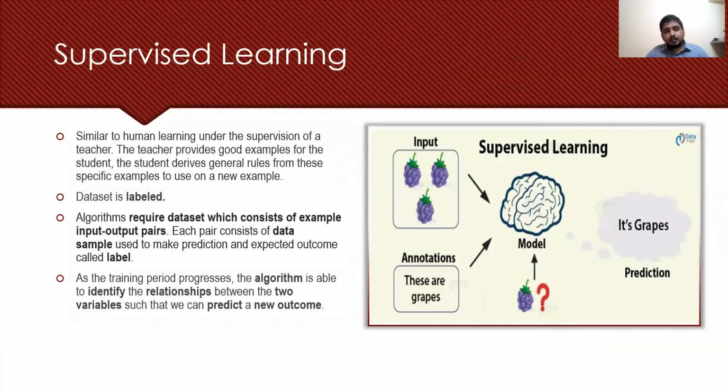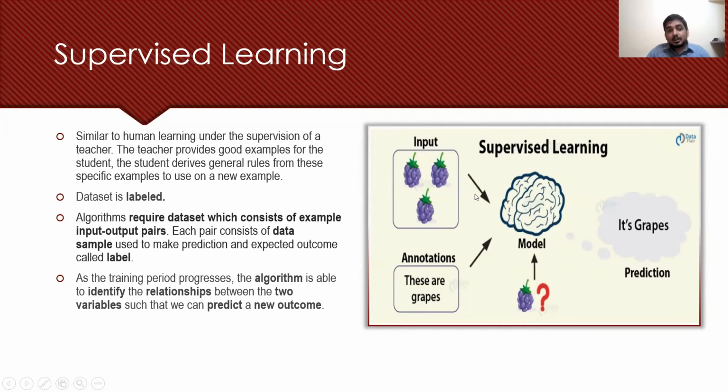Now, supervised learning. So, what is supervised learning? It is similar to learning under the supervision of a teacher. Just like a teacher gives an example, the students understand the example, make some rules, and use those rules to solve further examples. Here is an example of supervised learning. Here is an input that we give to the machine or model, and in supervised learning we have to tell it what these are.